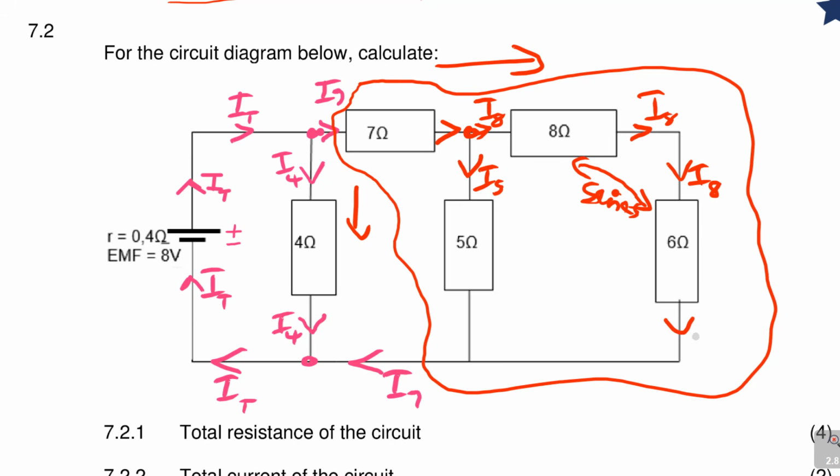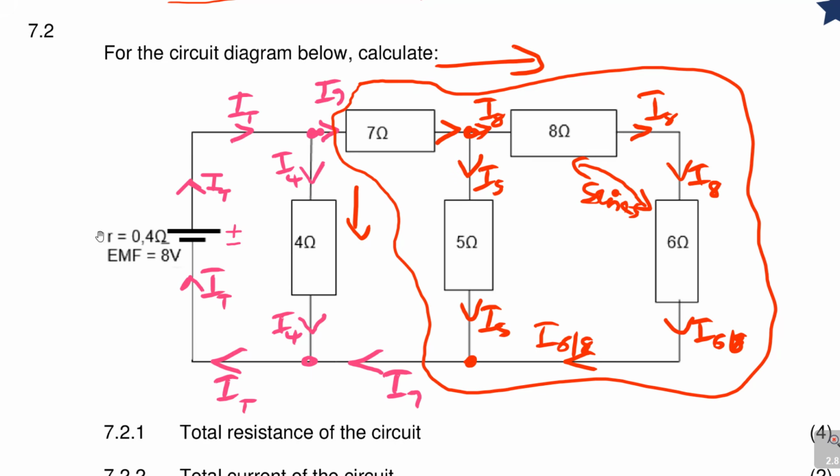So you can call it I6 or I8, it's one thing. Now I5 will come here to combine with that, so I8 and I5 are in parallel.